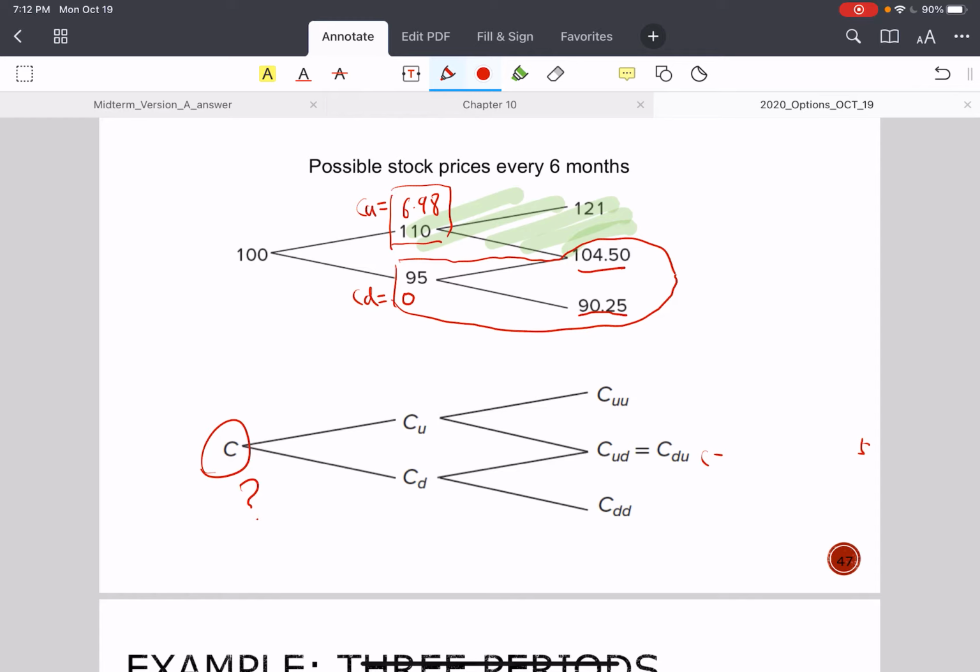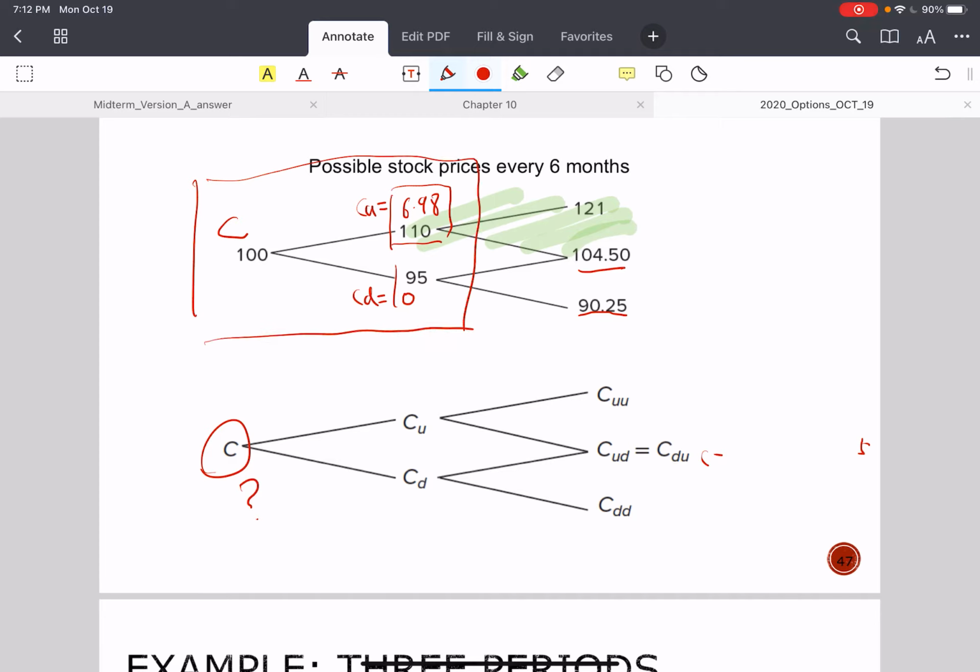And next, we want to find this guy. What is the C here? Well, we will focus on this part, right? So we will do the same thing. Delta equals CU minus CD over US0 minus DS0.